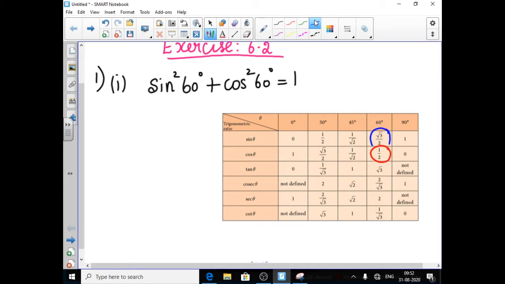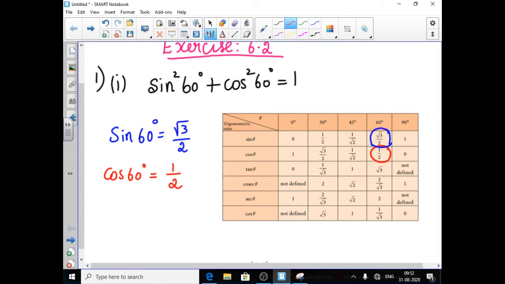Okay. So sin 60 degree is equal to root 3 by 2 and cos 60 degree is equal to 1 by 2. Okay.